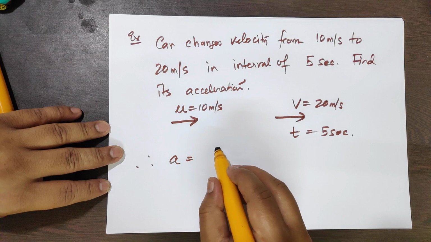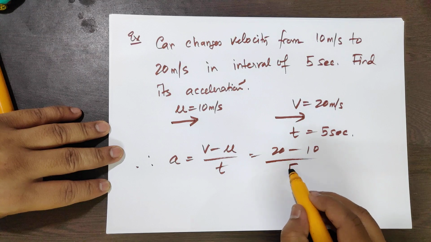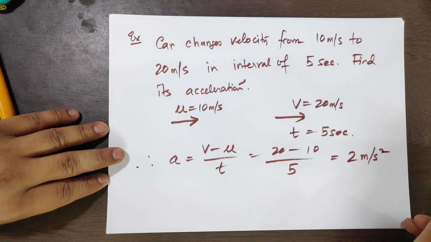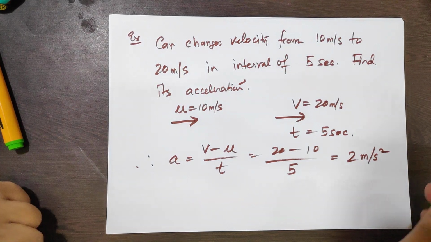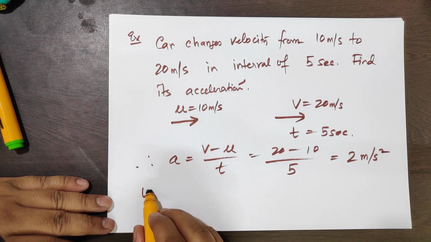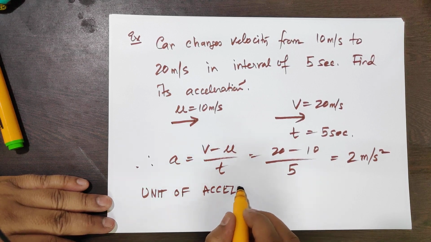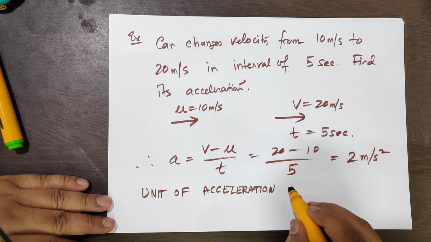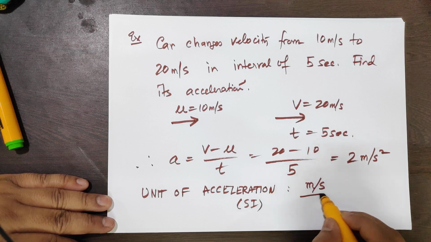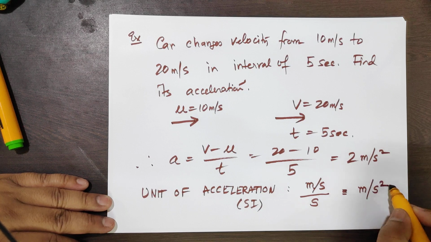Therefore a equals v minus u by t, that's 20 minus 10 by 5, that is 2 meter per second square. The SI unit of velocity is meter per second, divided by second, so that is equivalent to meter per second square.